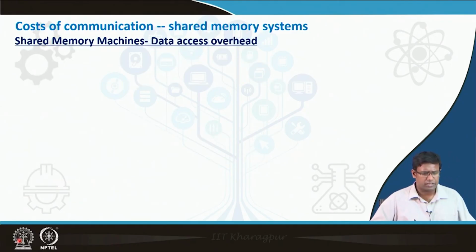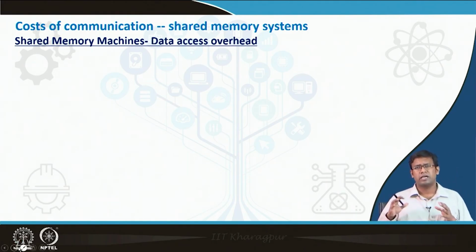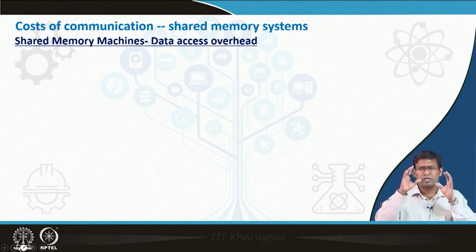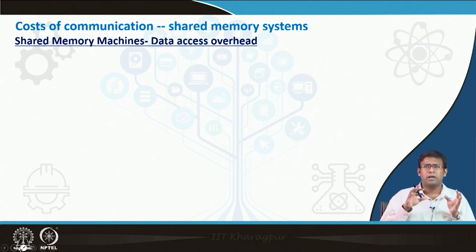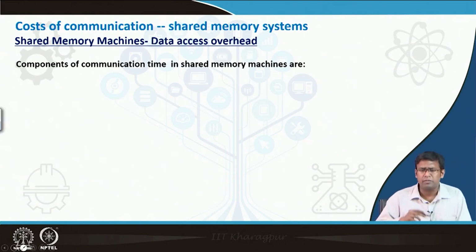For shared memory machines, there is a data access overhead, not data transfer overhead, because data is actually not transferred except in some non-uniform memory access applications. Rather, there is a common data space where multiple processors are trying to access the data, and there are issues like cache coherency, false sharing, etc. The components of communication time are basically the data access overhead time, where one processor is waiting till another can update its cache.